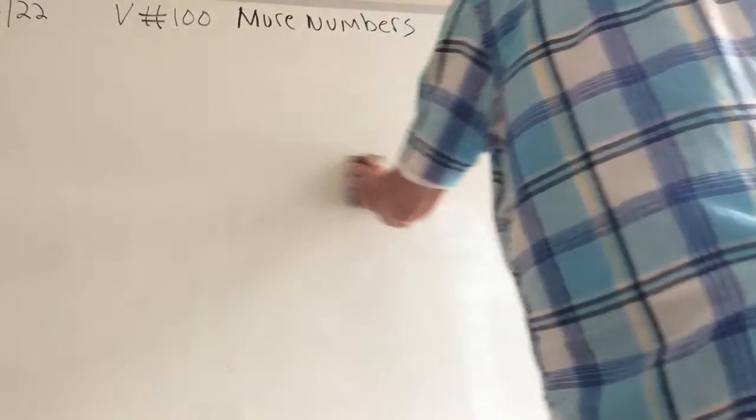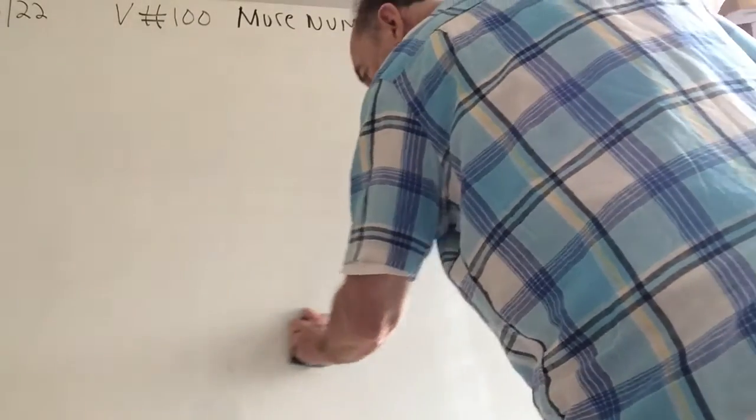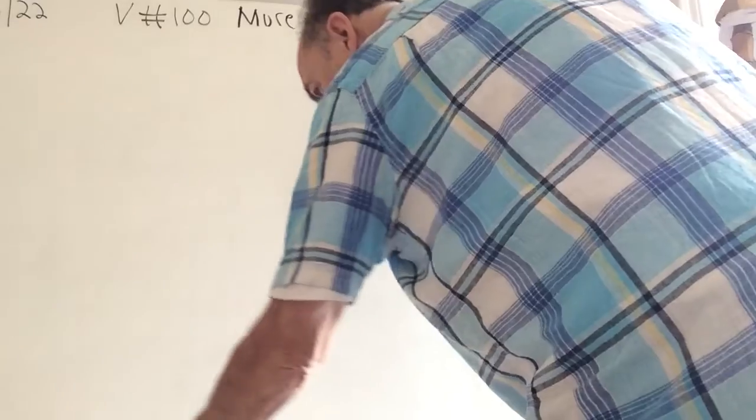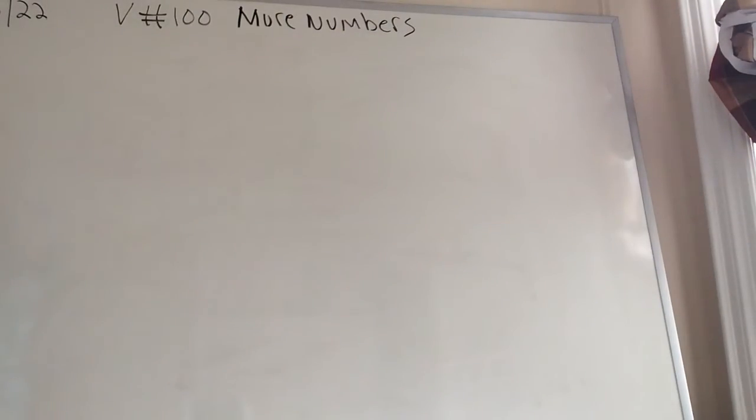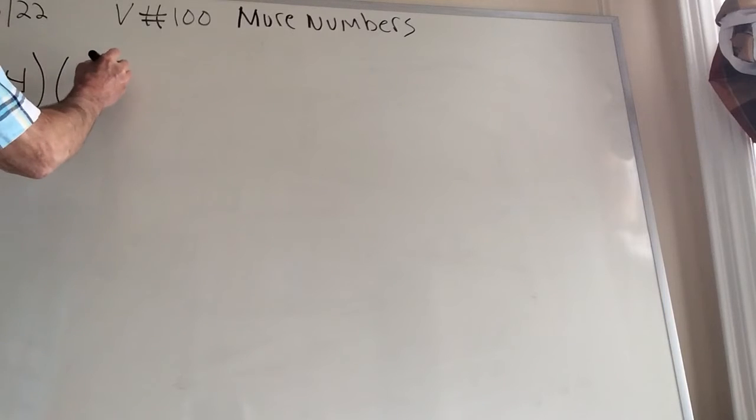Okay, and now I'm going to focus on another problem that I did, again with big numbers just to show you. So the question would be, in this particular case, what's 3004 times 2,996?